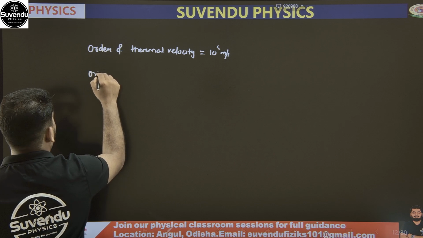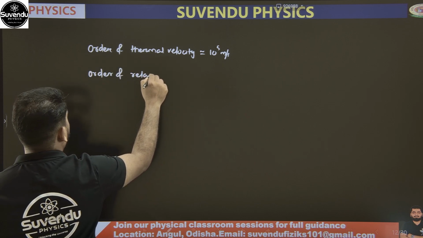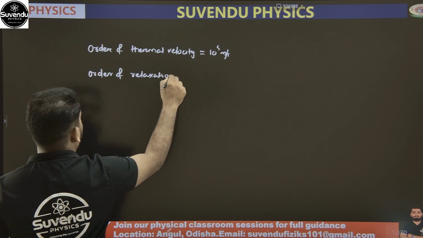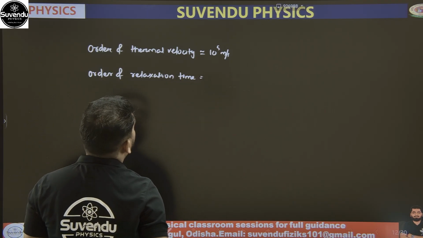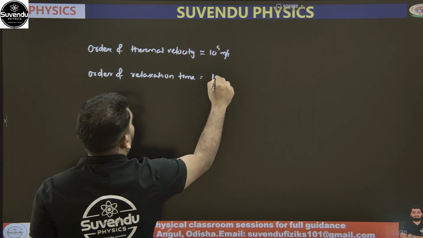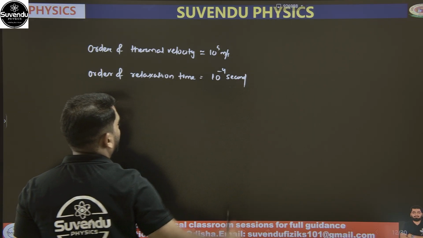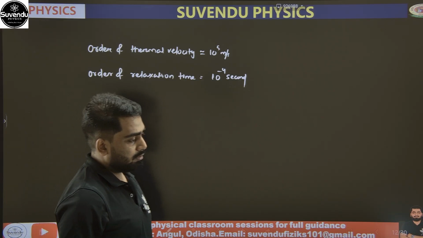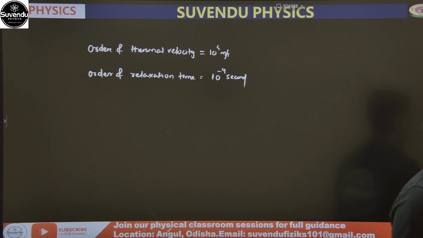What is the order of relaxation time? It is 10 to the power minus 4. So keep this in mind. This will help you in one more question.